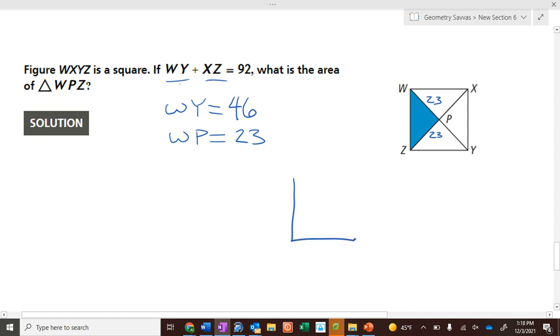What happens is we have a right triangle, and if you know two sides of a right triangle, that's your base and your height.